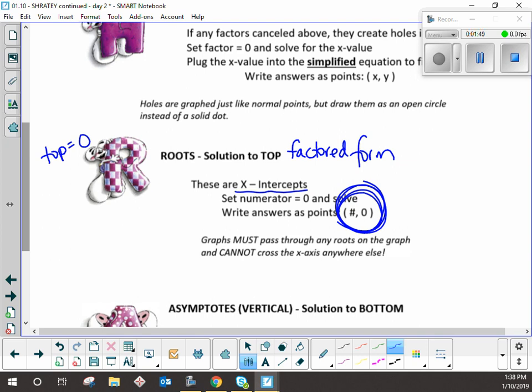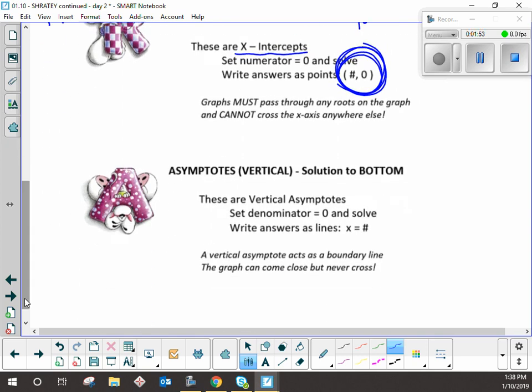Same thing with A. Okay, so R is letting the top equal to 0. A is letting the bottom equal to 0, the denominator. When it says set the bottom equal to 0, that means from the factored form. And while A does stand for asymptote, specifically in this step, it's the vertical asymptote only.